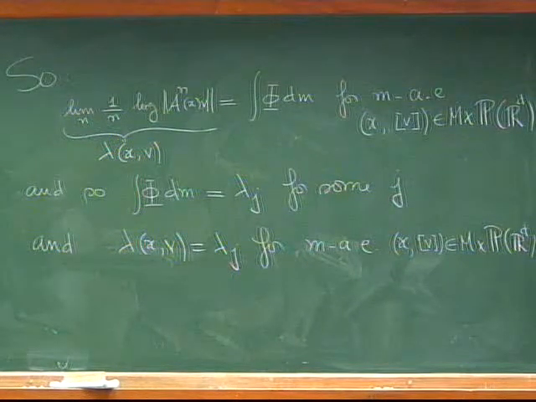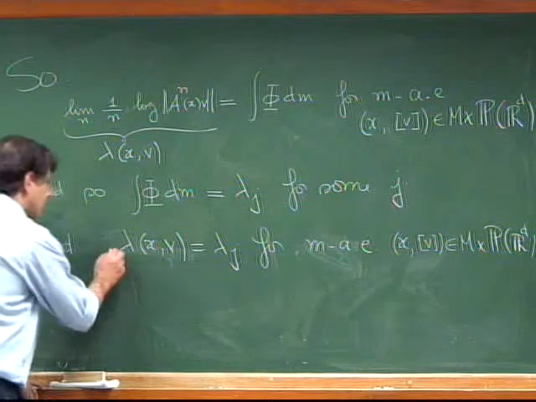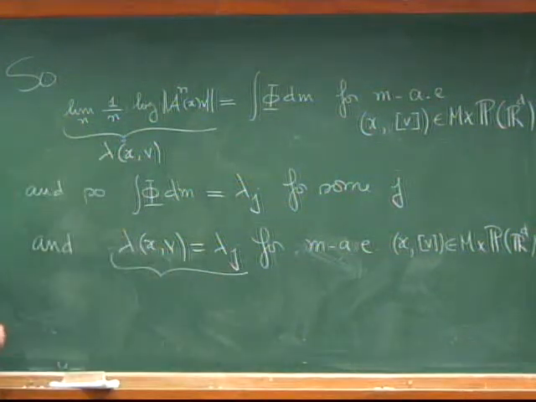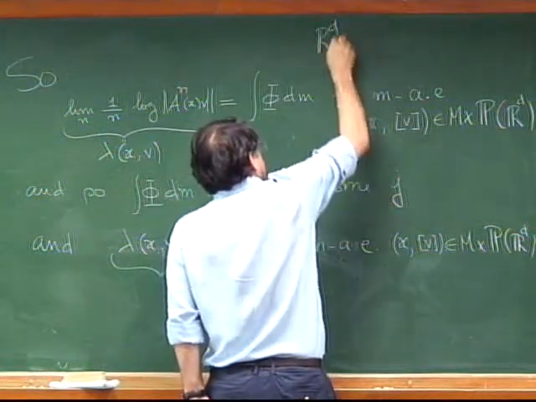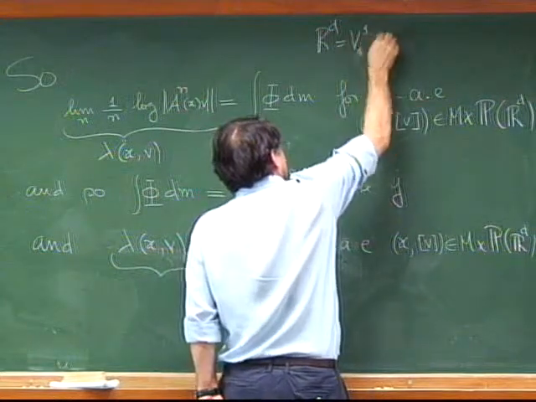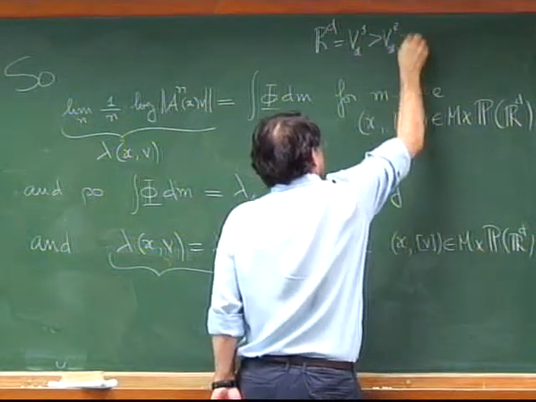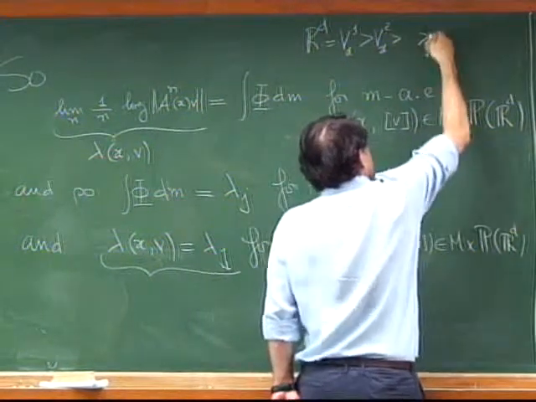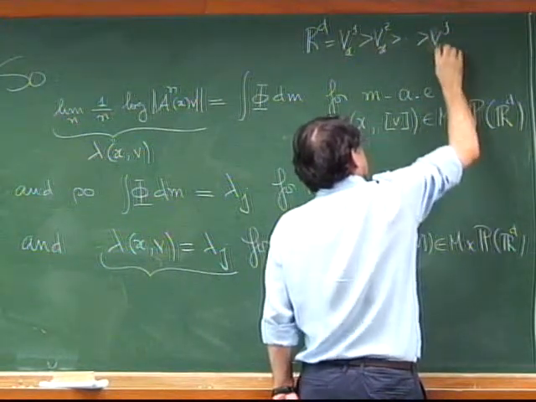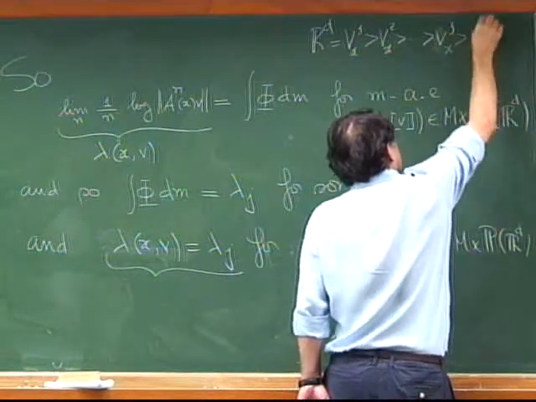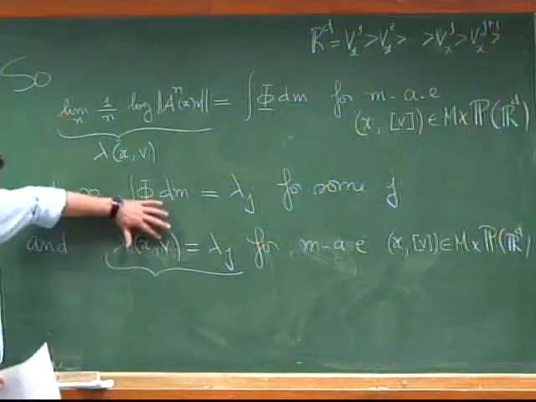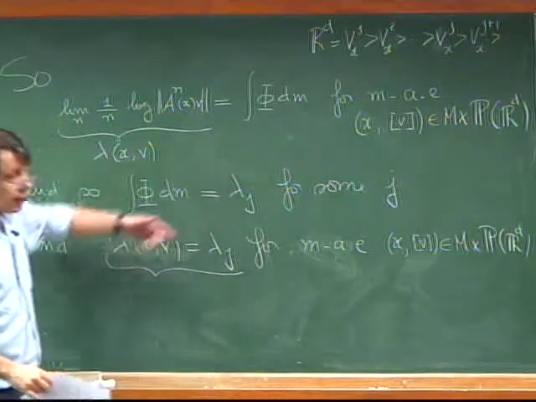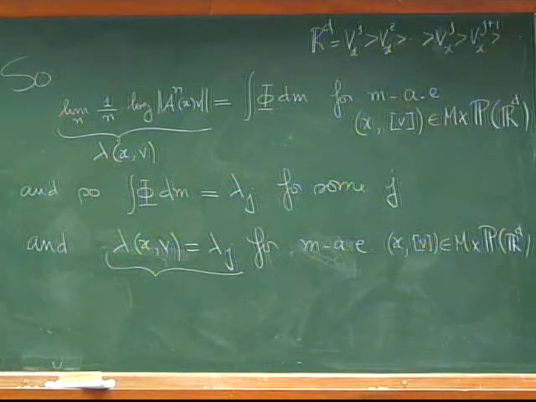Now, we also know what is the relation between the point and lambda j. This means we have the flag. Let me remind you of the flag. And depending on the position of your vector with respect to this flag, you get a different Lyapunov exponent.